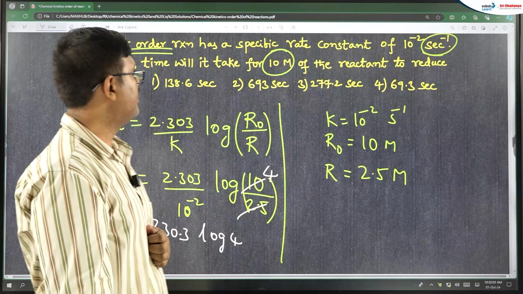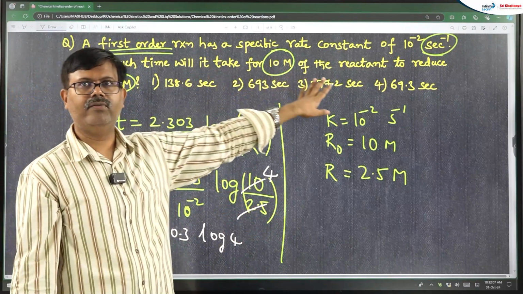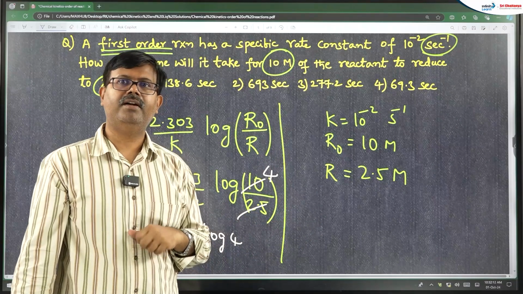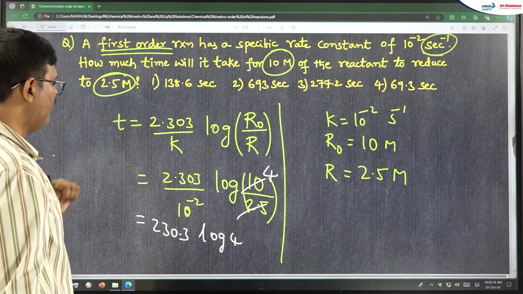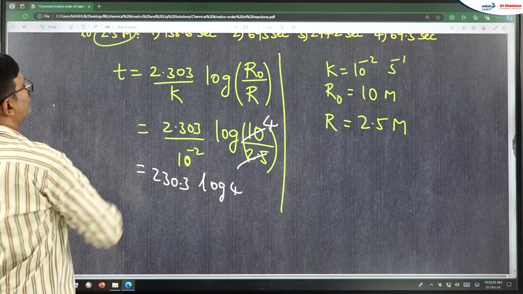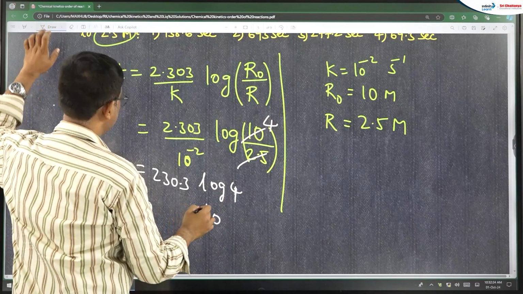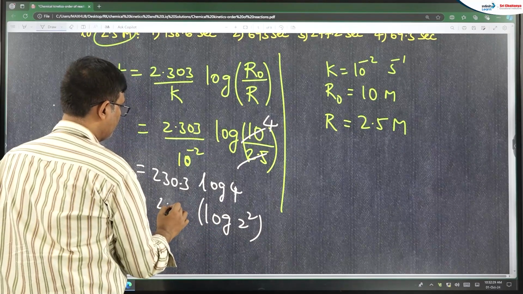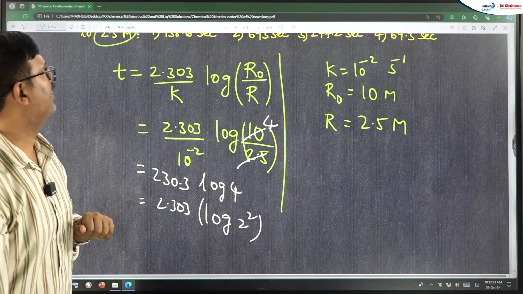Then how to solve? See, log 4 is not there in the options anywhere. We have to simplify this log 4 further. How to get that? Now, see, log 4 we can write as log 2 square.